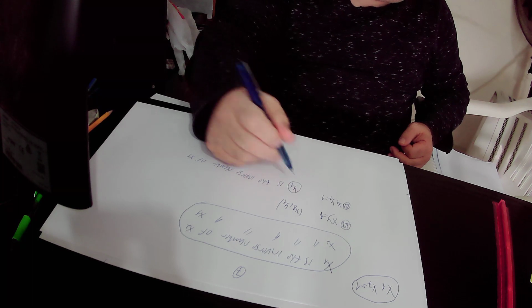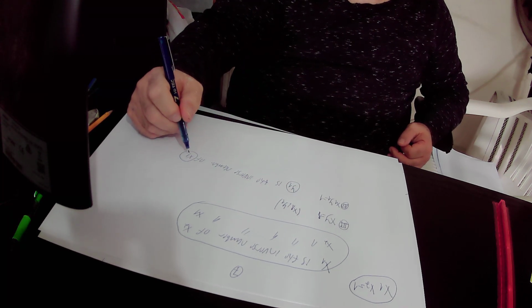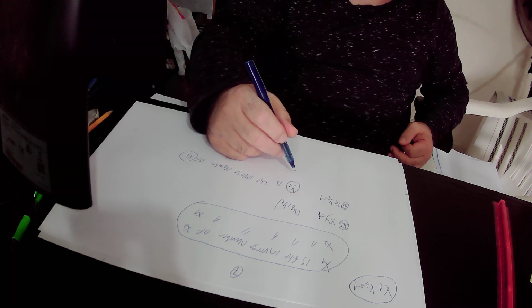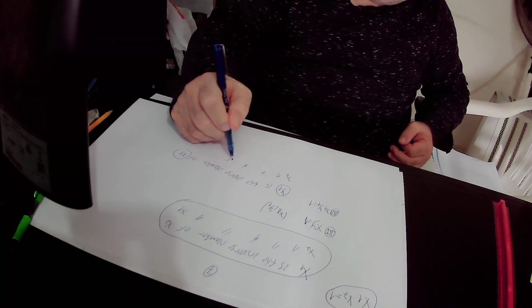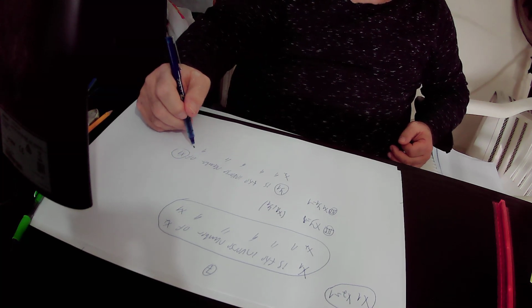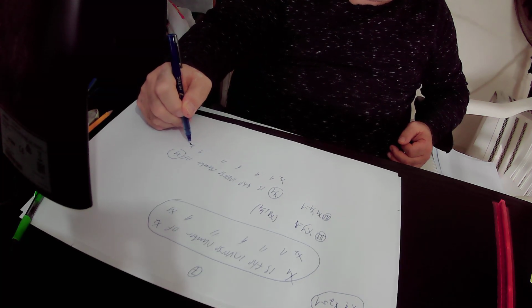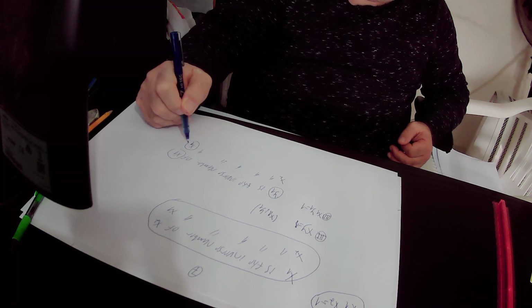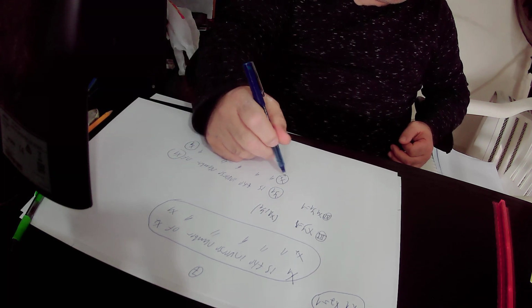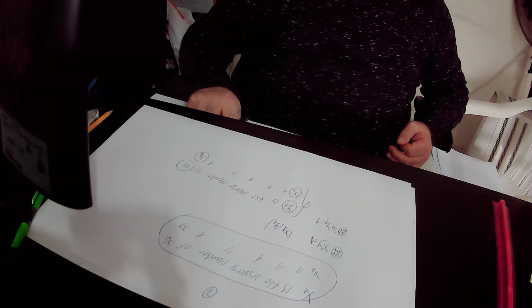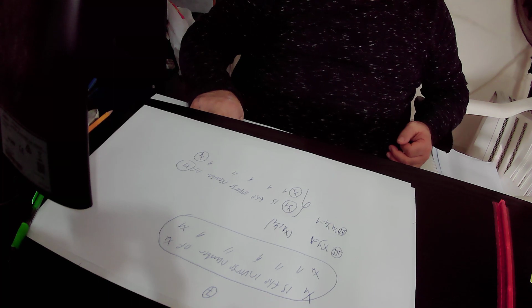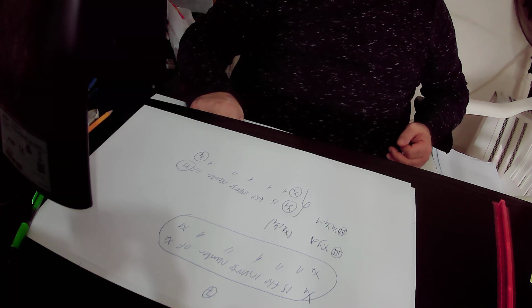Okay, but we have already found out that x2 is the inverse number of x1. So we have two numbers that are the inverse number of x1.